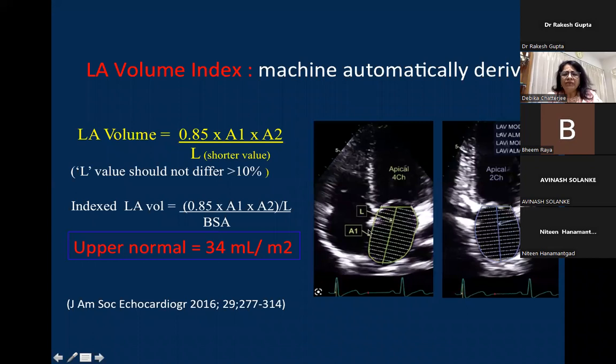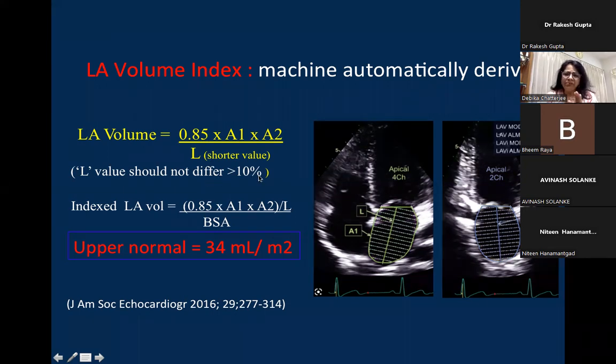We give the values, area 1, area 2, and out of these two lengths, the machine will take the shorter value and utilize this formula: 0.85 multiplied by area 1 multiplied by area 2 divided by the shorter length. We should be careful that the lengths of the apical 4-chamber and apical 2-chamber should not differ by more than 10%.